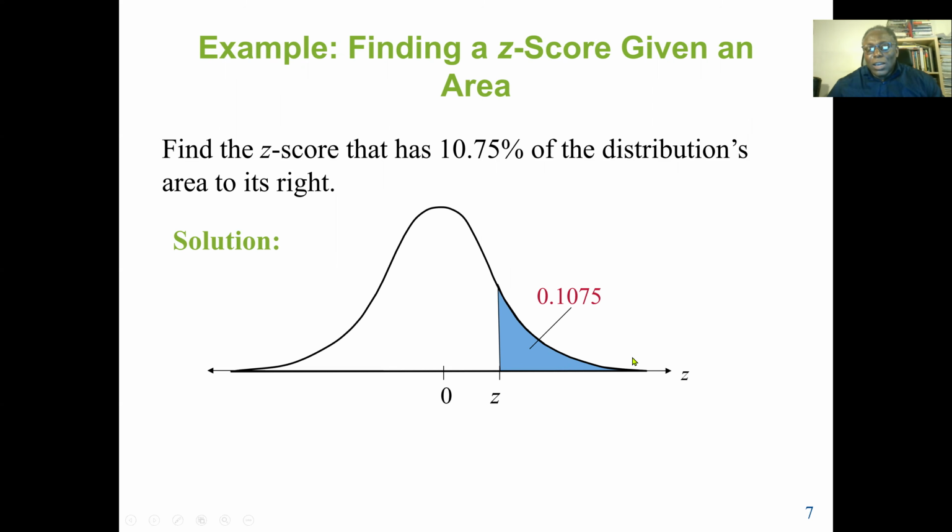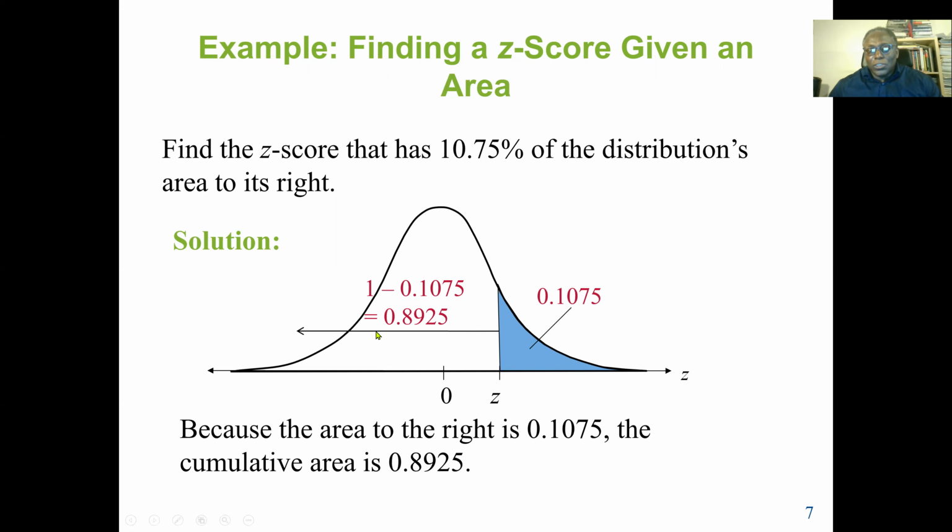In our table, we always find the value of the P or the Z from the left. So the P value is from the left. To get the answer, we subtract 0.1075 from 1, and that gives us the area to the left. So we are going to use 0.8925 to find a Z value.